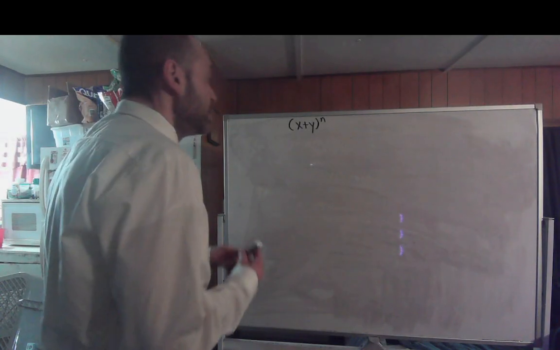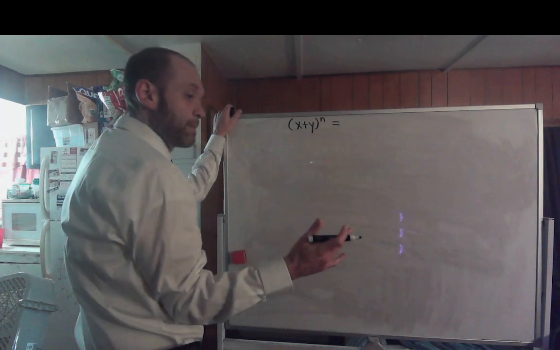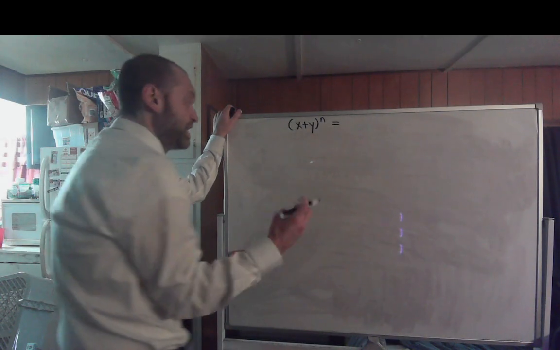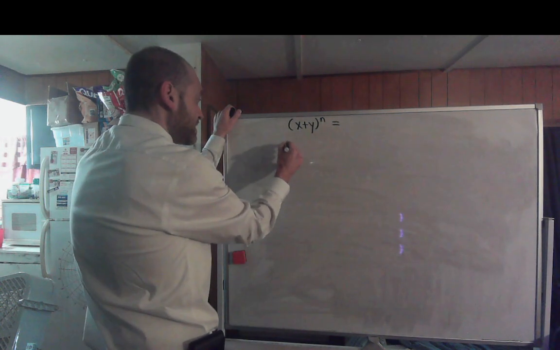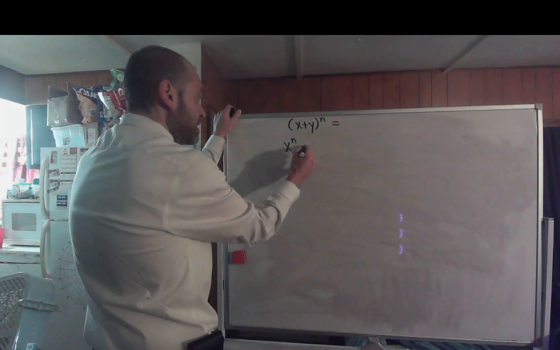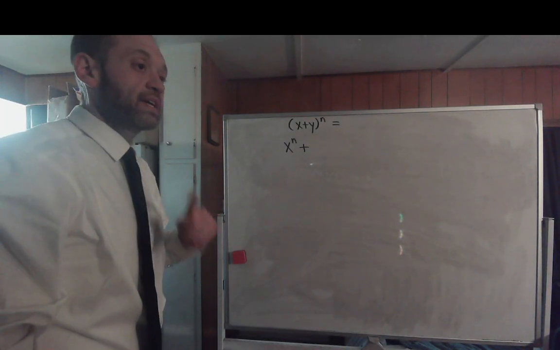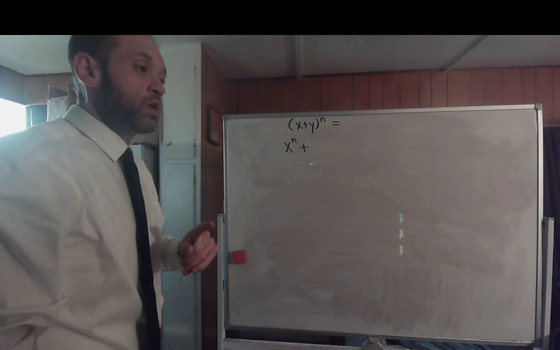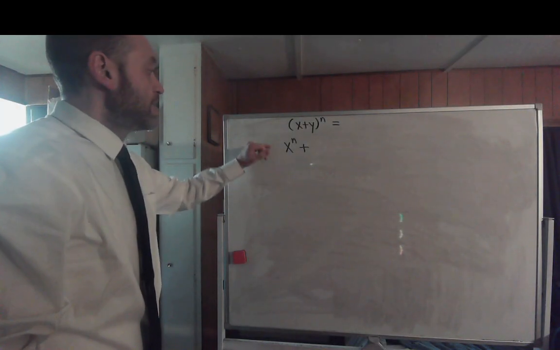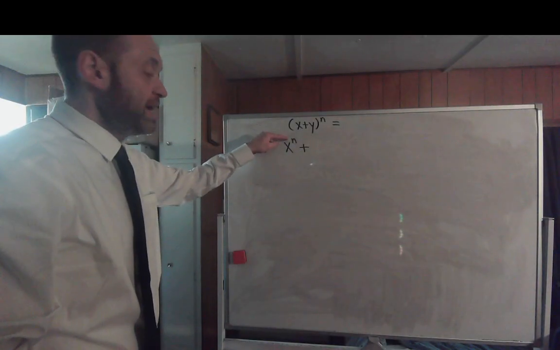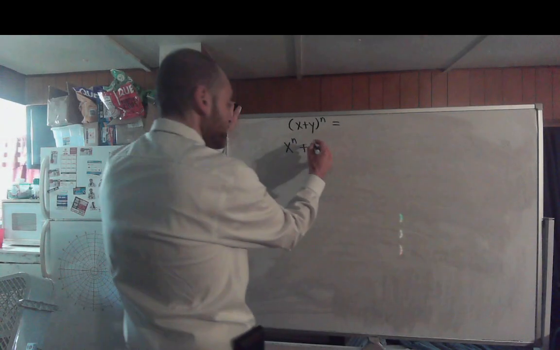So what you're going to do when expanding a binomial to a power, you're going to take, of course, your very first term, and raise that to the nth power. So take that x, raise it to the nth power. Let's do the second term now. To get the second term, you take that n, that power on the x, bring it down in front, and multiply it by your coefficient on the x.